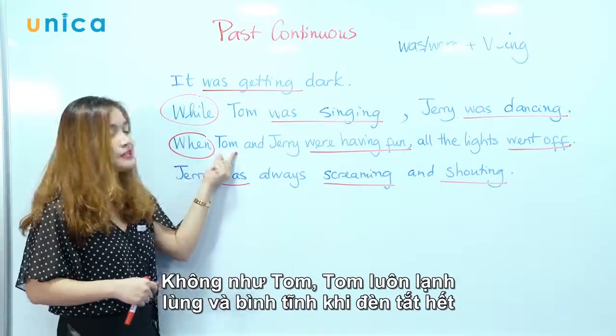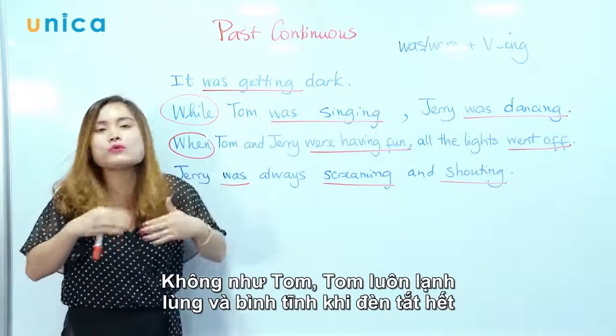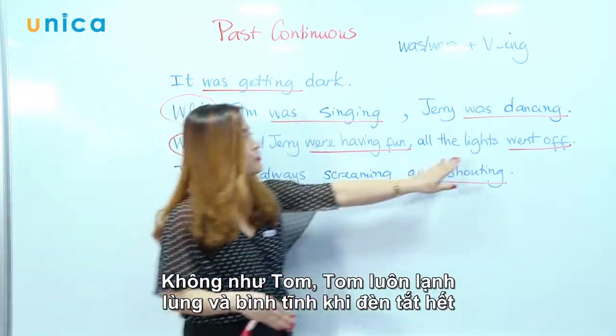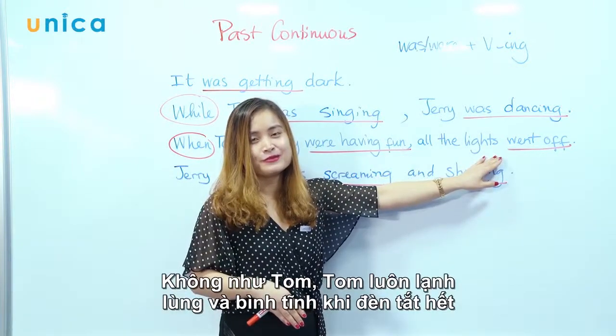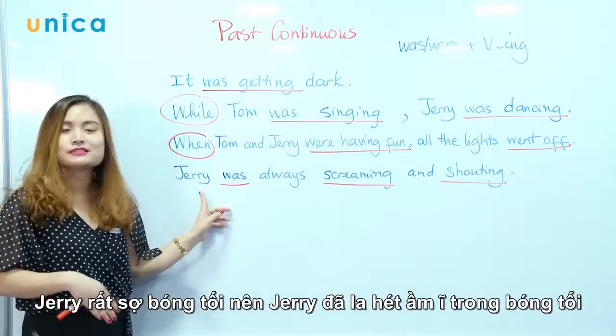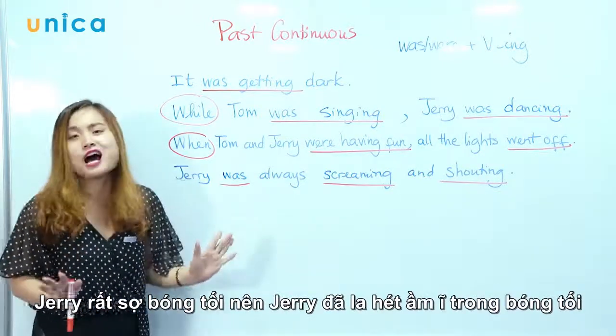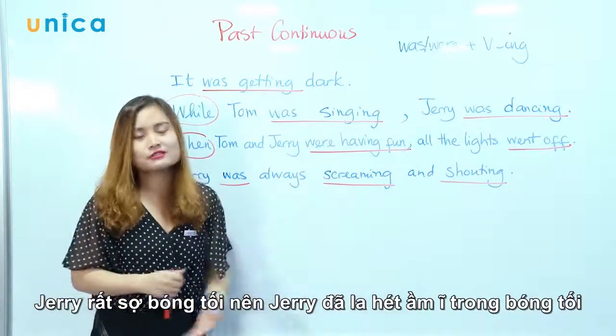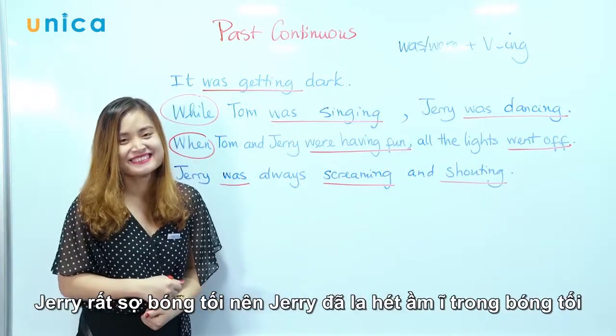Unlike Tom, Tom always keeps his cool or keeps calm when all the lights go off. However, Jerry is scared of the darkness. So Jerry was always screaming and shouting in the dark. Okay?